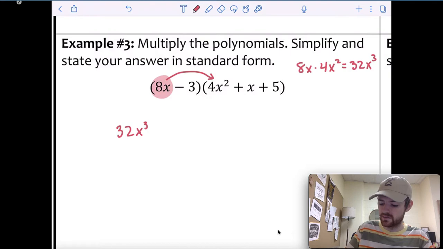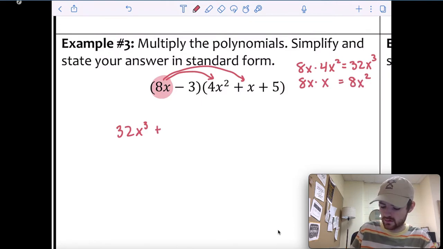Now we do our next piece, 8x times x. Well, the coefficient just carries, 1 plus 1 on our exponents gives us 2. Finally, I'm doing 8x times 5. 8 times 5 is 40. And then we have that lonely x.